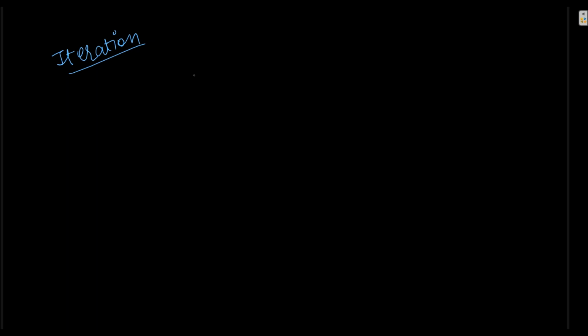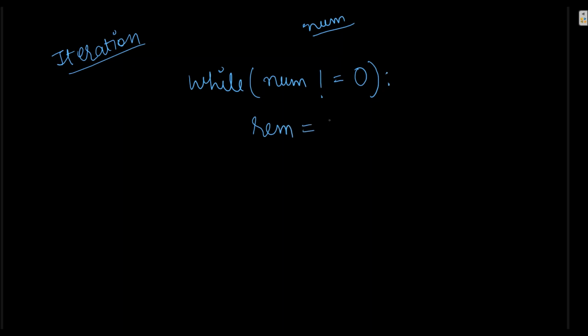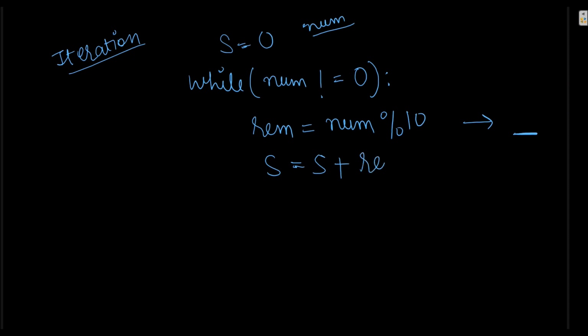For this we can simply write a while loop. Let's take that number as num, and here we will give the condition num not equal to 0. We calculate the remainder by num modulo 10 so that a single digit is extracted, and we do the sum, sum plus remainder, and then the next value is num divided by 10.